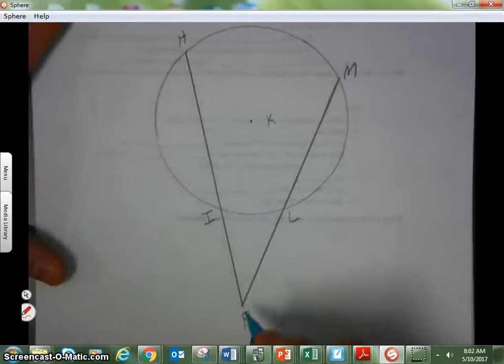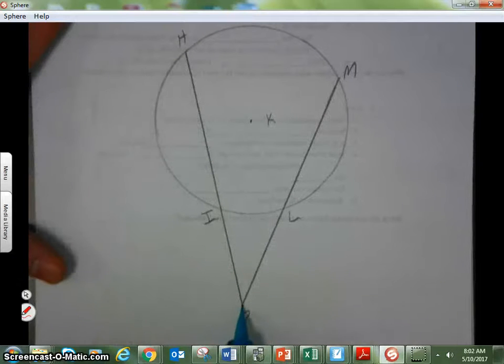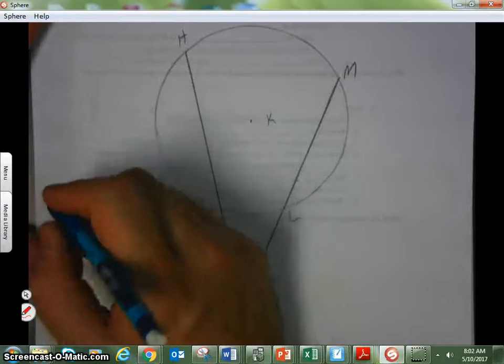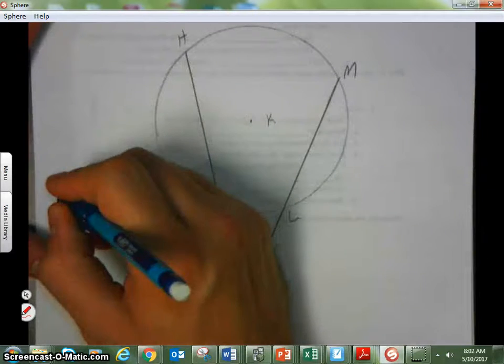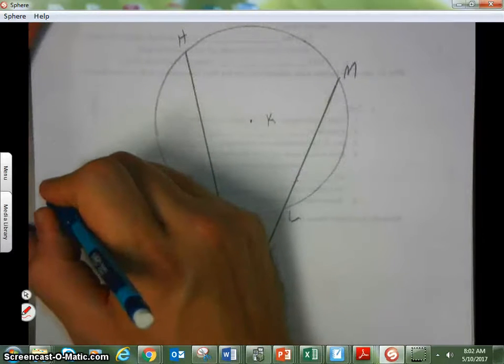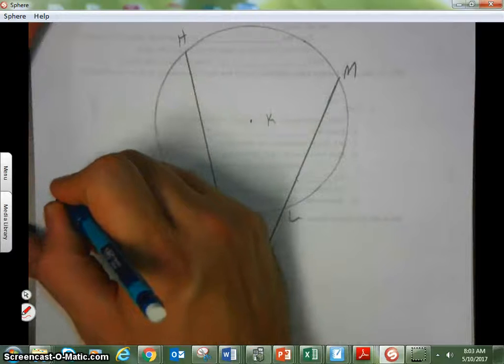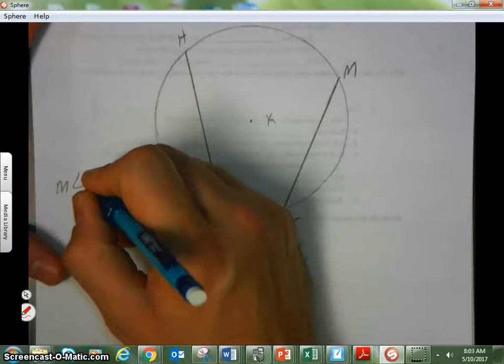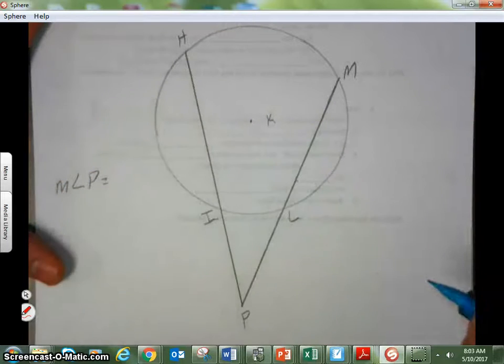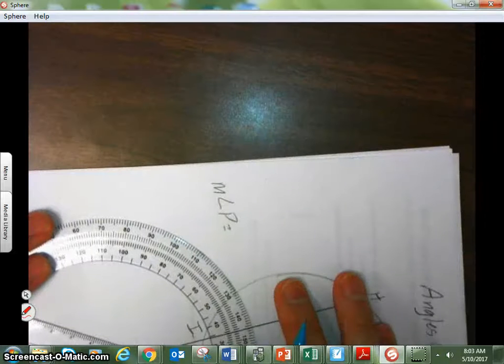Now, ultimately, we're looking to see what's the measurement of the angle out here, the angle P. That's the whole purpose of the video. What is the relationship of that with the arcs that it intercepts? So I want to know what is the measurement of angle P. So let's go ahead and take a second and measure what this is.